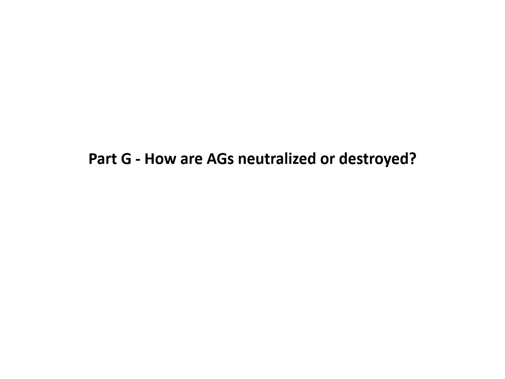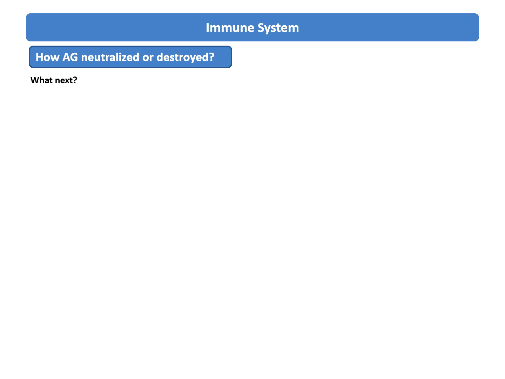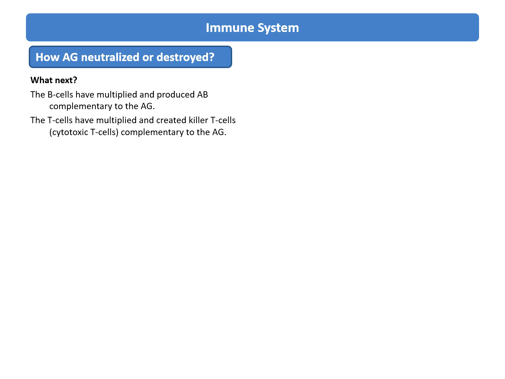Okay, we have seen how antibodies and killer T cells are produced. Now let's look at what they do to neutralize or destroy the antigen. B cells have multiplied and produced antibodies complementary to the antigen. T cells have multiplied and created killer T cells, cytotoxic T cells, complementary to the antigen.